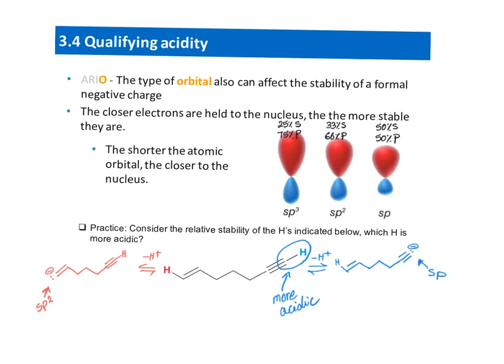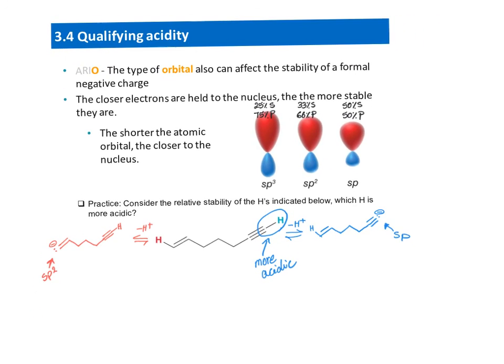So to write our conclusion, the order of acidity is sp is more acidic than sp2, than sp3. For example, for sp, we can have a compound like this.